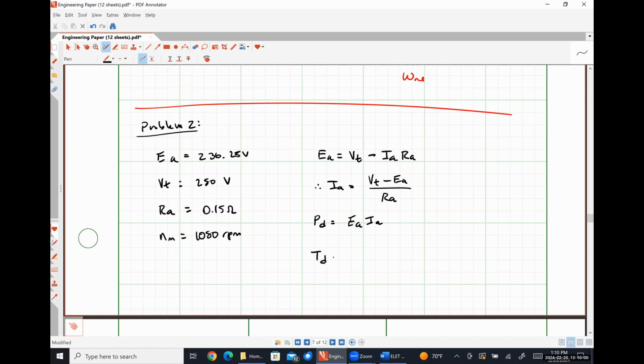And then our developed torque is just PD divided by omega M, which would be PD divided by NM times 2 pi over 60. I was trying to remember if it was going to be 60 over 2 pi or 2 pi over 60, but I think it'll be this way. So pretty straightforward problem too.